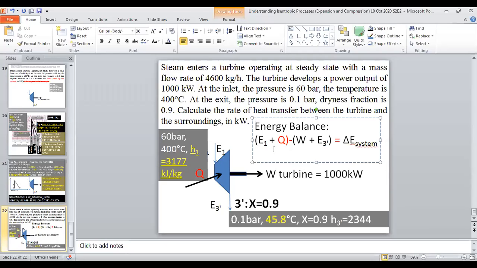Okay, this is a rate, per hour or per second or watt.